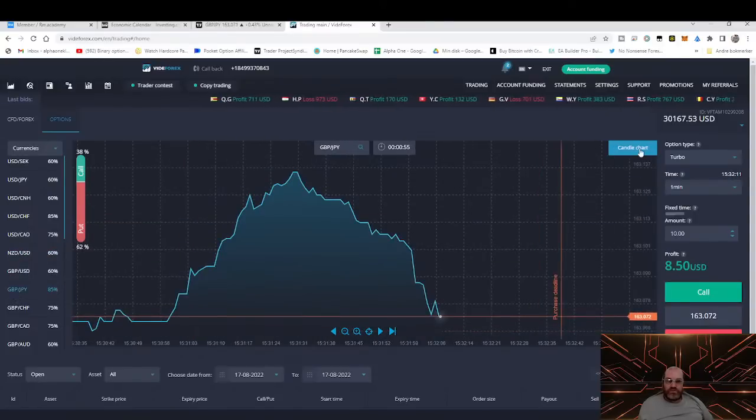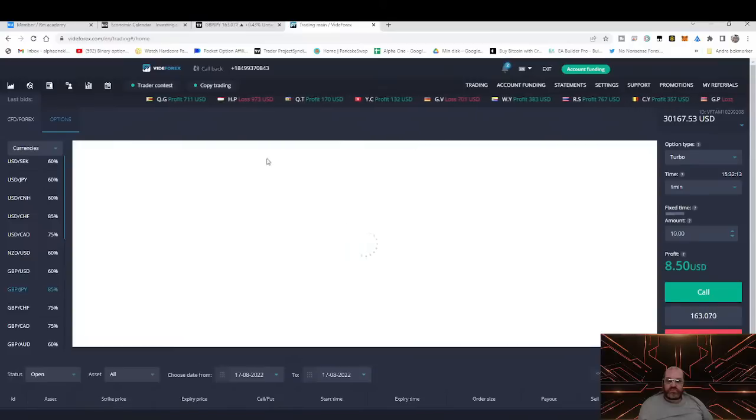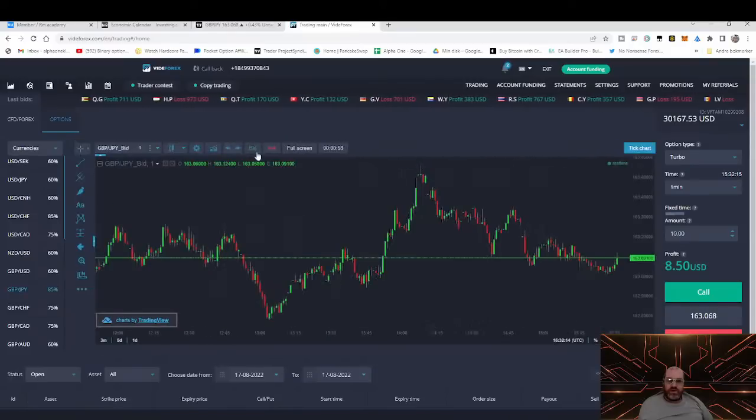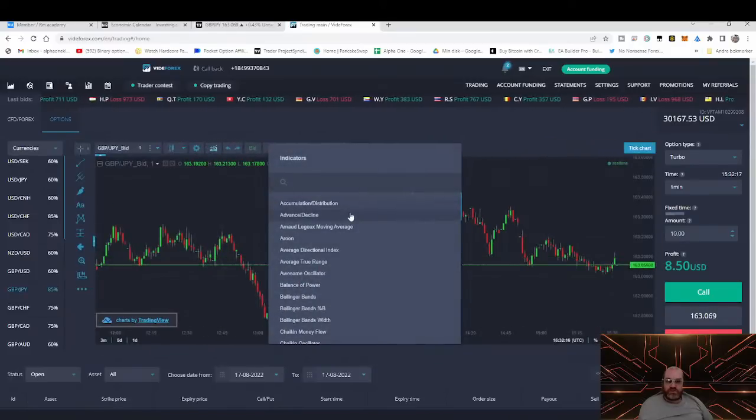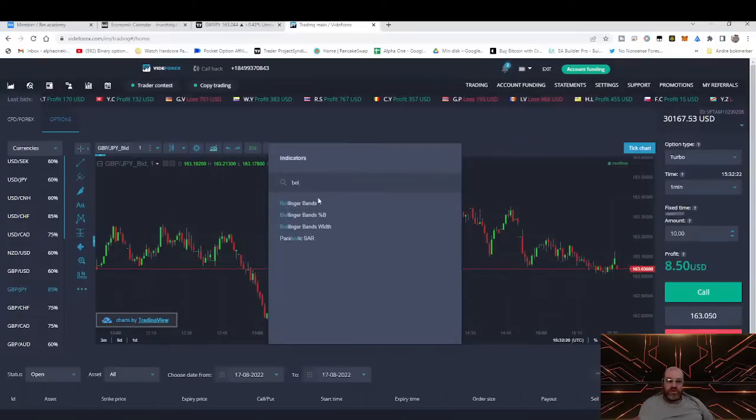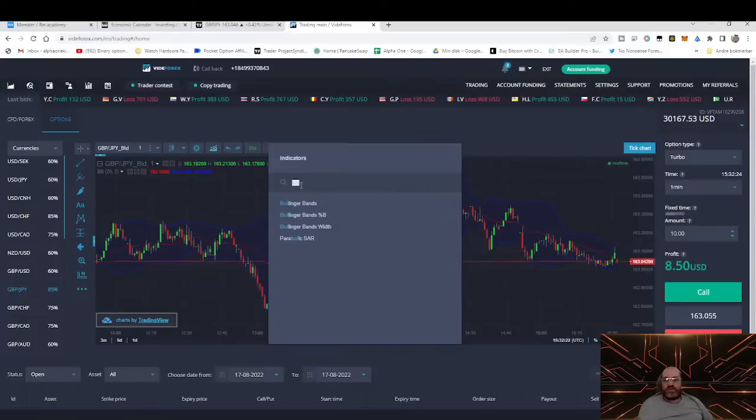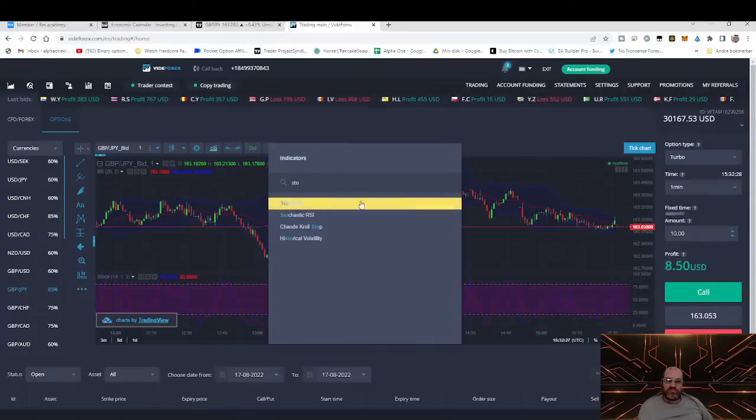We take this one, we open a chart, we add 2 indicators, we add Bollinger Band. Here for binary option you need some indicators, but we are also using support resistance.